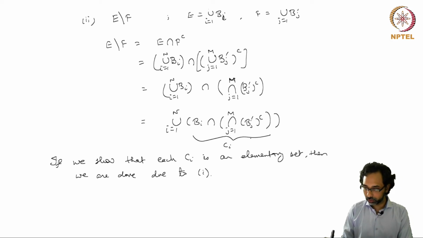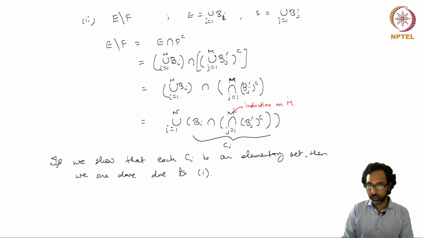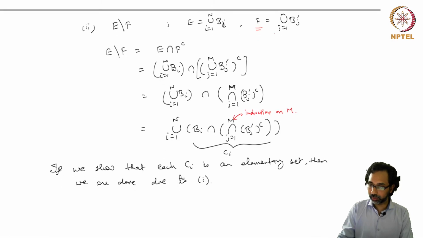So now let's try to show that each of these Ci's are elementary, and we will do an induction on the number of boxes that are used to define F, the elementary set F. So here we have defined F as the union of Bj primes over m sets Bj prime.